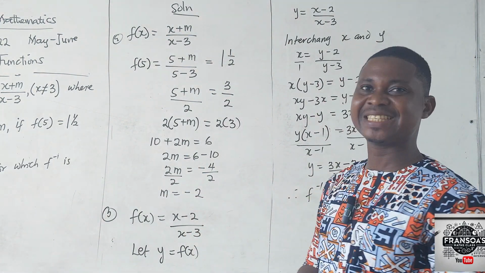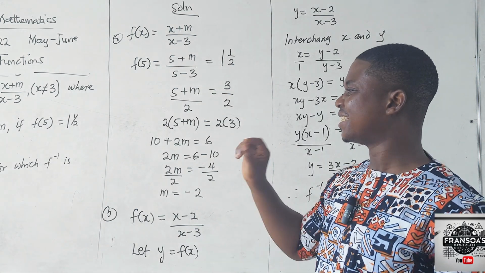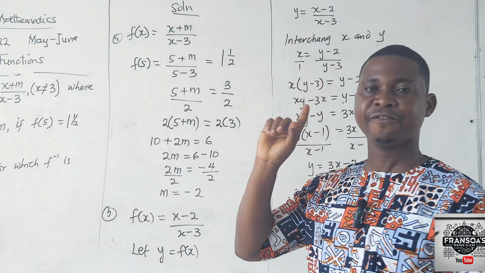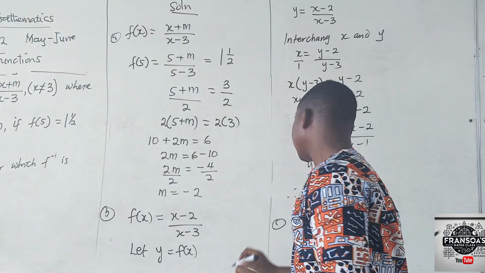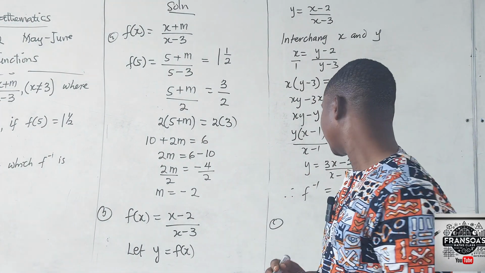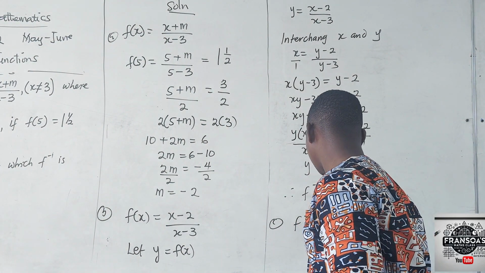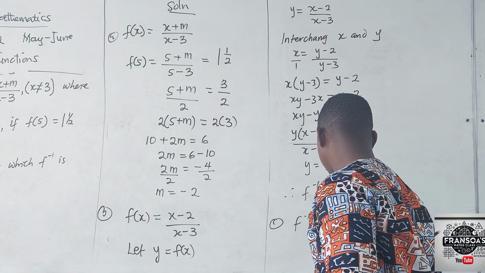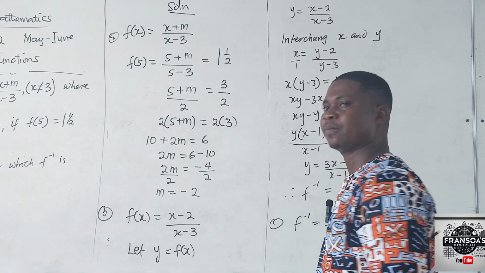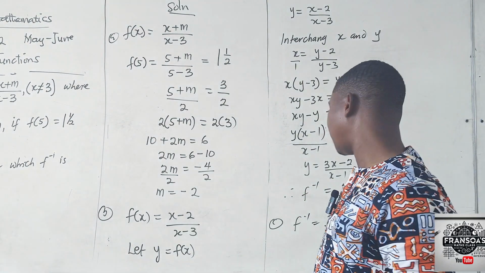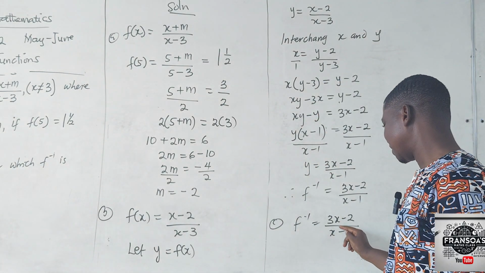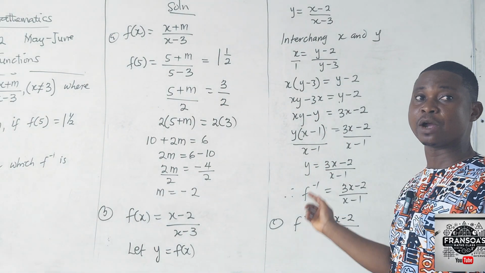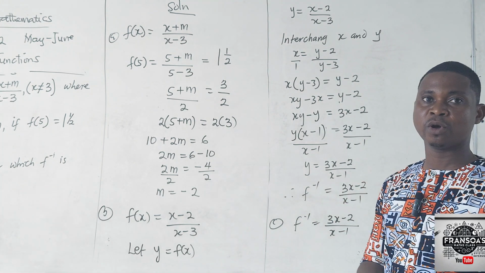Now, when you look at C, we are supposed to state the value of x for which f inverse is undefined. Our f inverse is equal to 3x minus 2 over x minus 1. For this function to be undefined, since it's a fraction, it means when our denominator is 0, the whole function will be undefined.